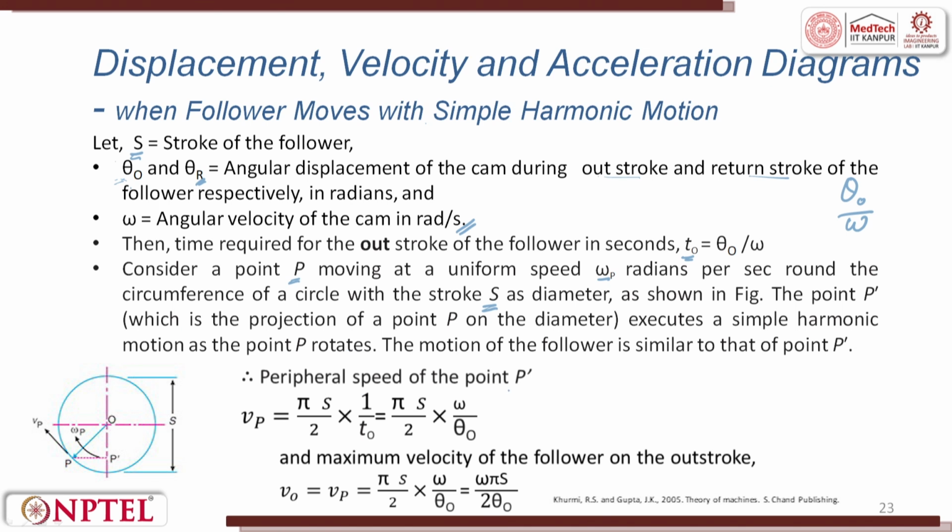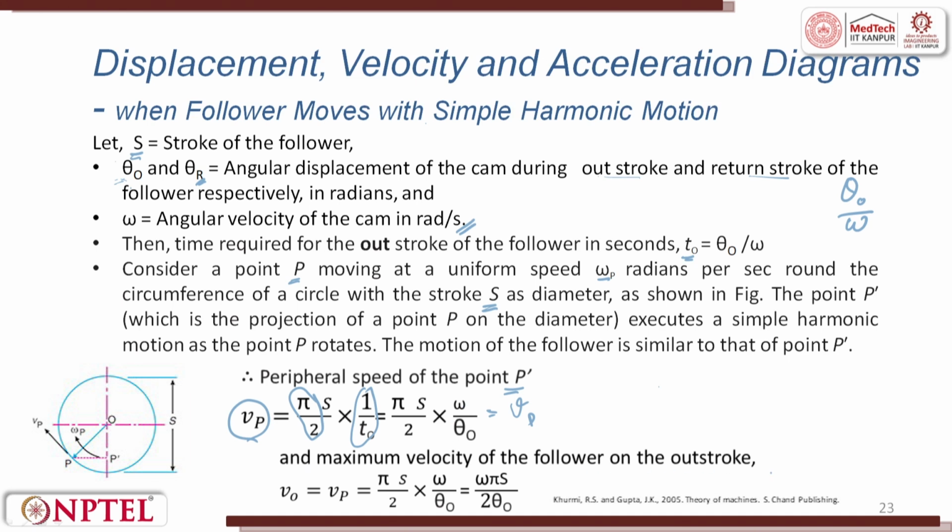The peripheral speed of the point P dash is V P equal to pi by 2 into S by 1 by t O. So, the velocity V P is pi by 2 into stroke divided by time. This can be represented as V P equal to pi S omega by 2 theta O.